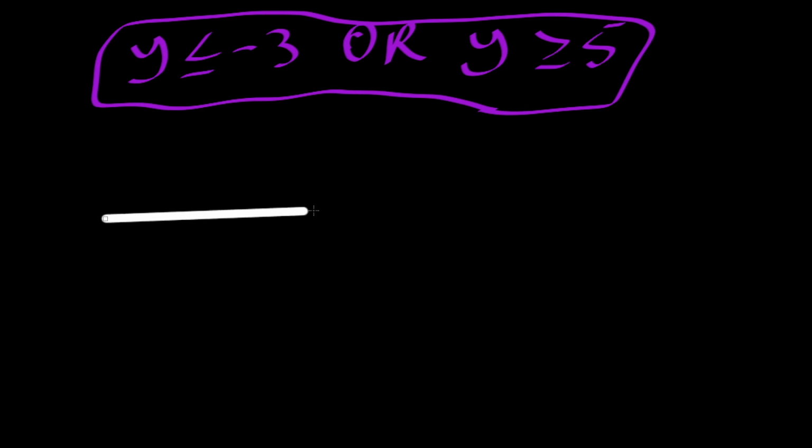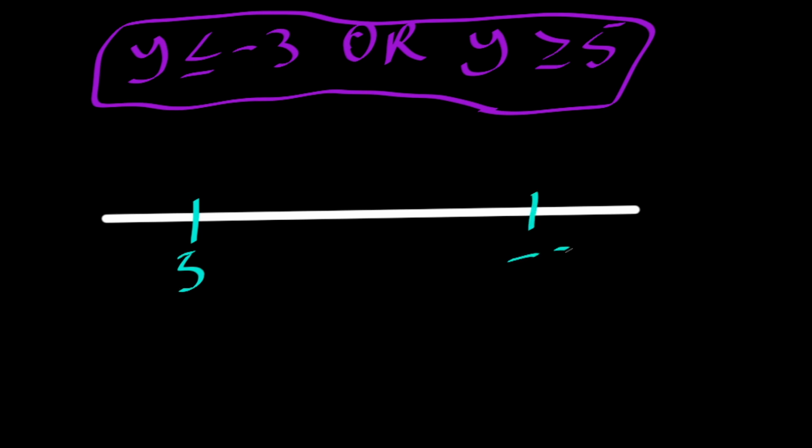And when I do the graph, I'll just read it and put the 5 over here and the -3 over here, which is not correct. So if you want to, just rewrite your inequality answer and put it in order from least to greatest.